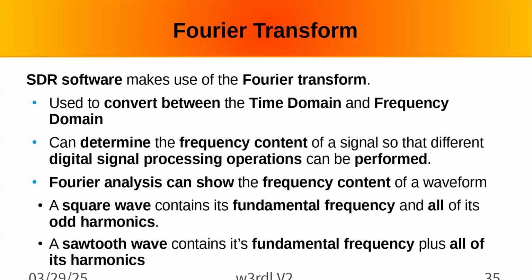It basically shows you the frequency content of whatever the waveform is. In most waveforms, you'll see multiple peaks of varying amplitudes. Like in the case of the square wave, you're going to see the fundamental at a high amplitude, and then you're going to see the odd harmonics at decreasing amplitudes. The even harmonics are going to be zero.